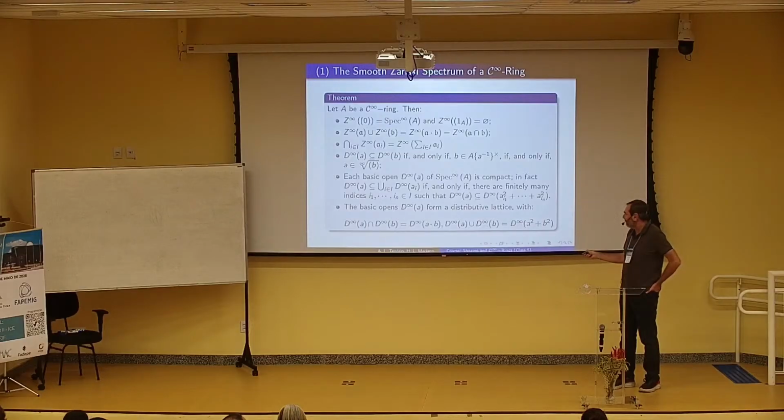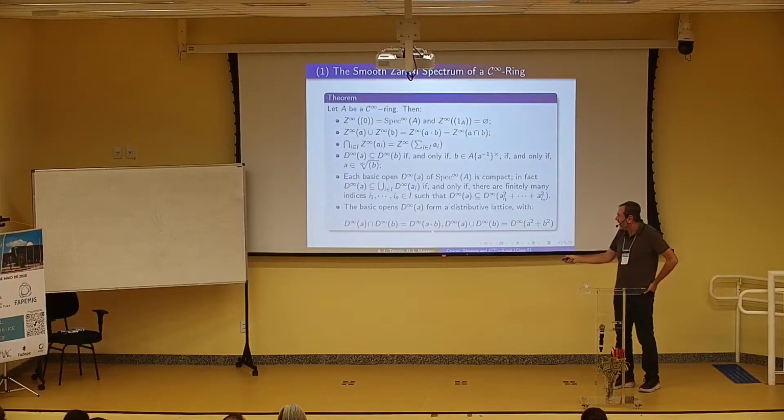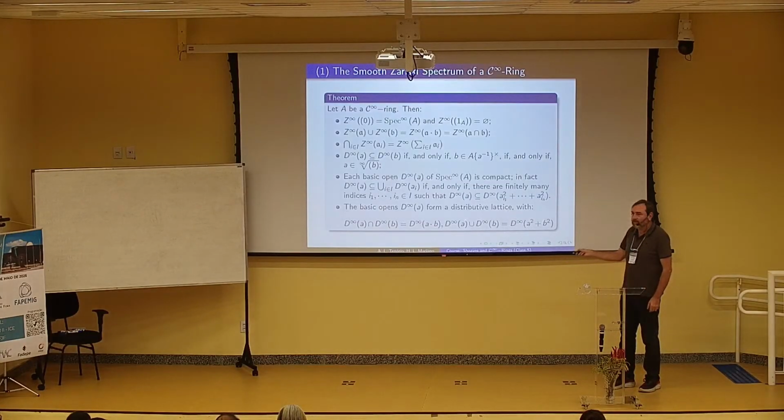Okay? Por outro lado, a parte totalmente análoga à álgebra comutativa: se você faz a interseção de dois abertos básicos, isso é um aberto básico dado pelo produto. Isso aqui é só a primalidade que está presente. Então, aqui entra uma questão específica dos anéis sem infinito.